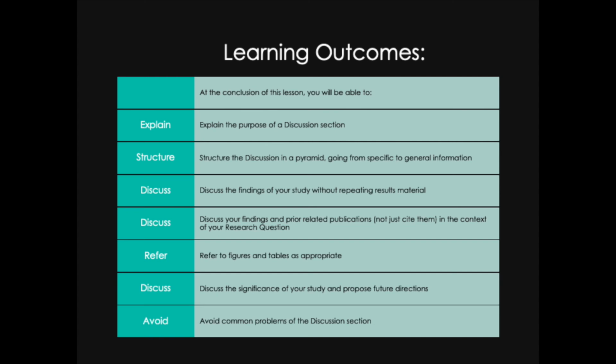Do the comparison and contrast with those previous publications. You will refer to the figures and tables as you bring them up in the discussion. You'll be able to discuss the significance of your study, and you'll be able to propose future directions. And finally, you will be able to avoid the common problems of the discussion section.